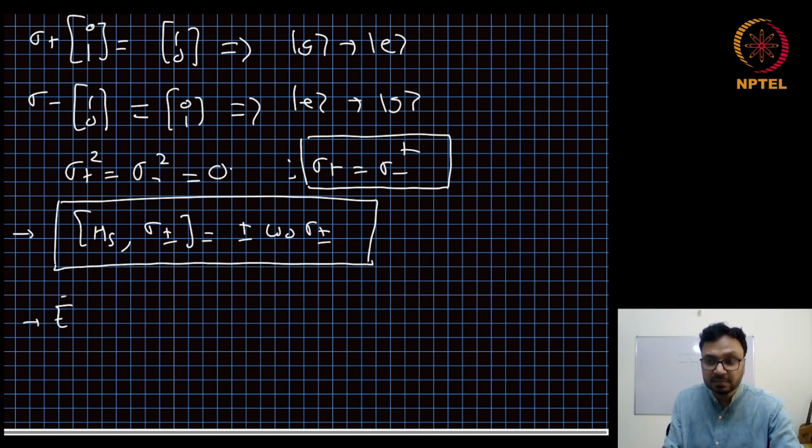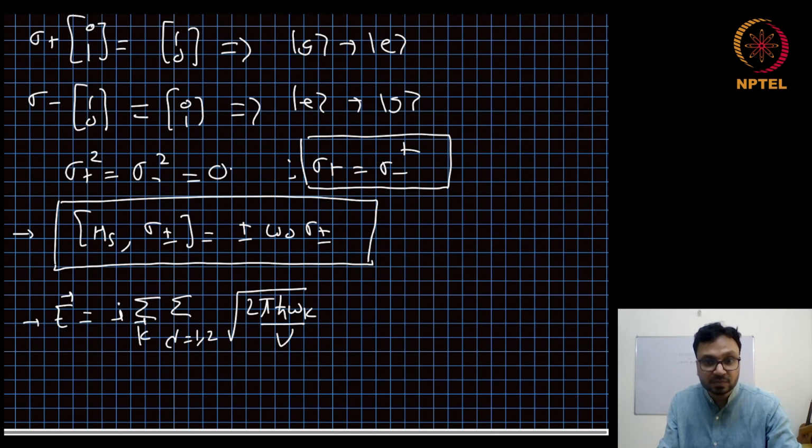The electric field operator is given by i times the sum over k and the sum over lambda equal to 1 and 2 of the square root of 2 pi h bar omega_k over V, times e_lambda k vector, times (b_lambda k vector minus b_lambda dagger k vector). We will explain each term soon.